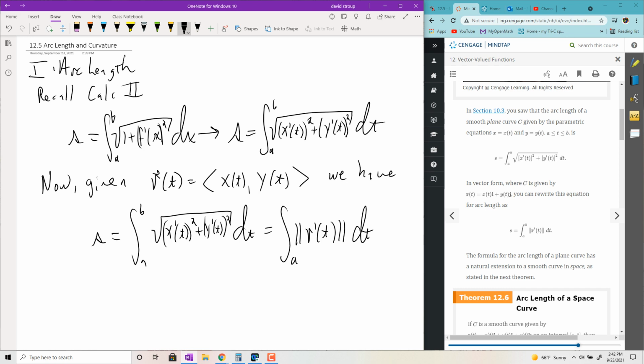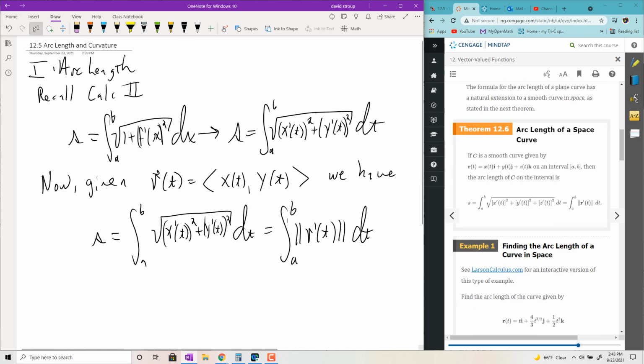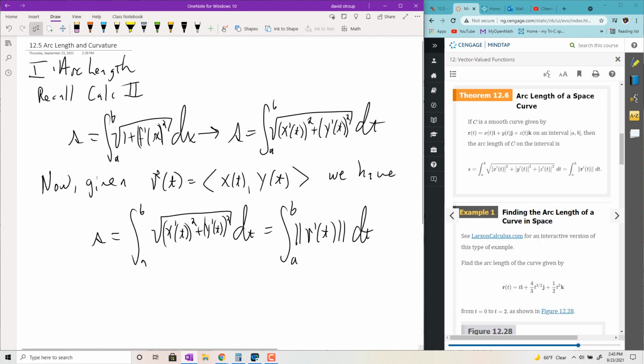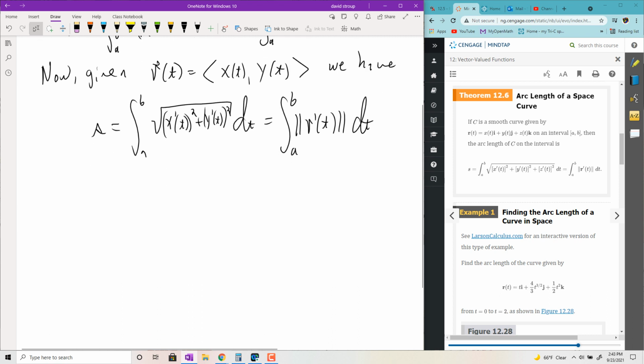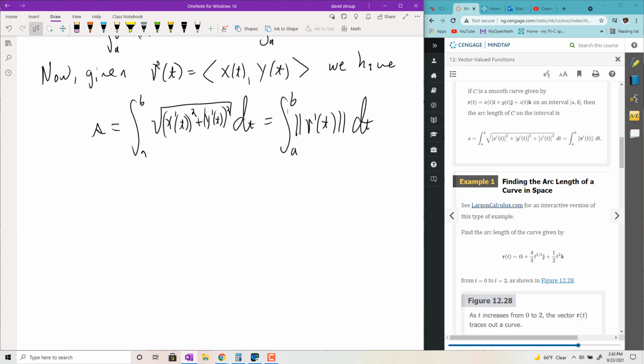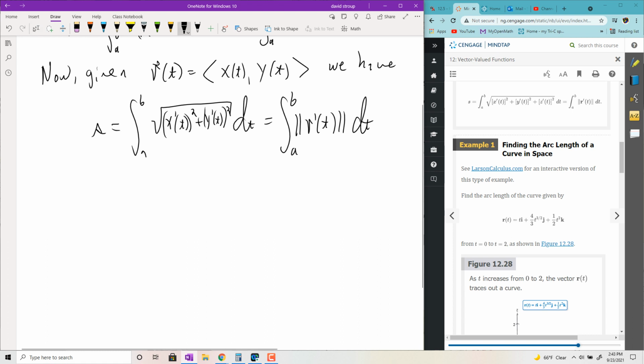And from this, we're going to get some nice relationships throughout the rest of the book. Anyways, Theorem 12.6 gives you the same formula for a space curve. It's just an extension: you add one more component and take its square, and you get this nice formula here on the right.